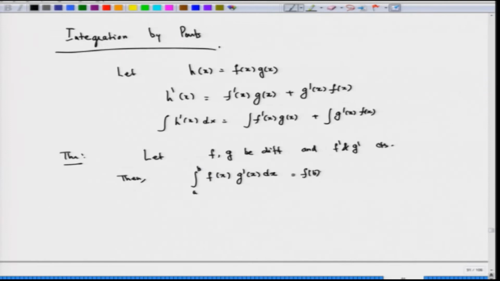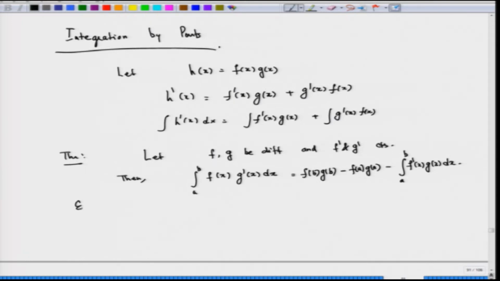Therefore, this is going to give me the evaluation at b and at a of f g. So, this is equal to f of b g of b minus f of a g of a and then minus the integral from a to b of f prime of x g of x dx. This is what is the integration by parts formula.